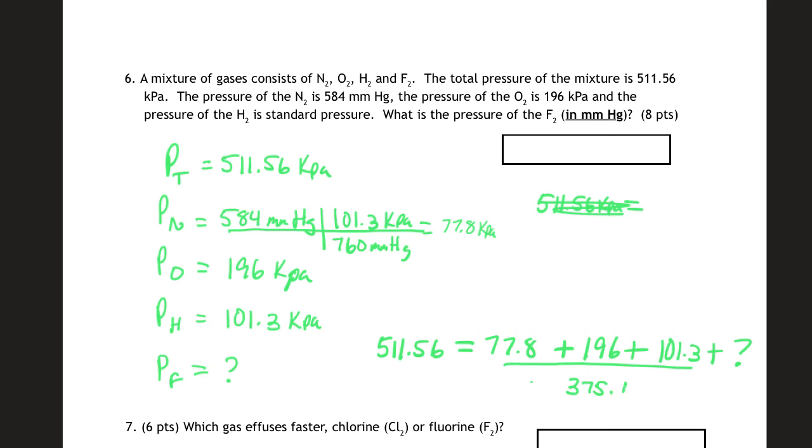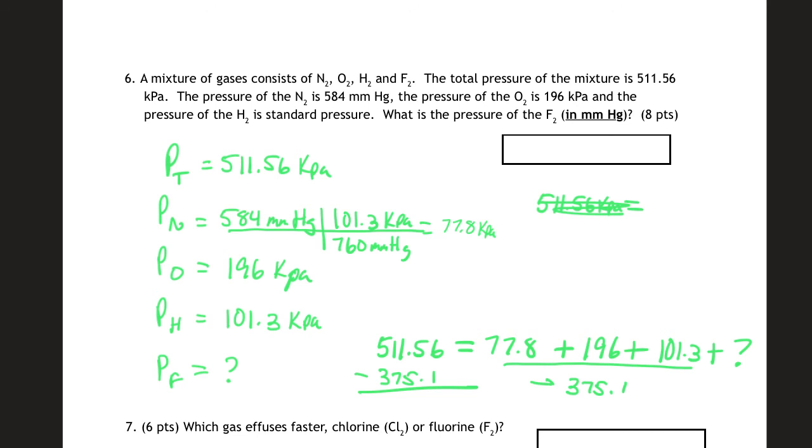I'm going to subtract it from this side, subtract it from this side, and find out what my answer is. 511.56 minus 375.1 equals. I need no decimal places in my answer because 196 does not have a decimal place, and this is an addition problem.